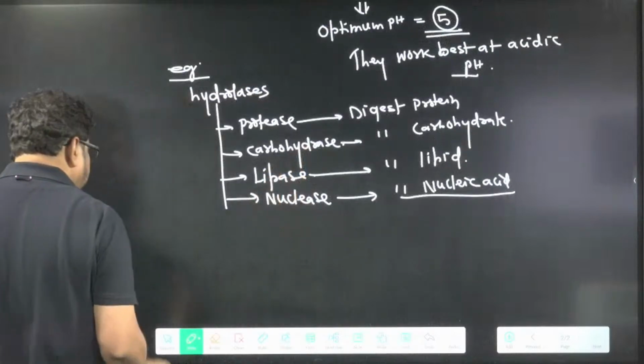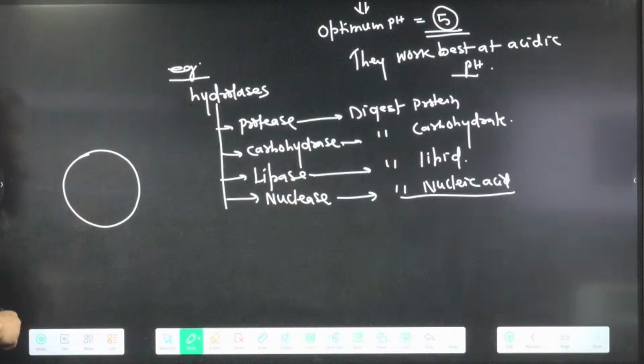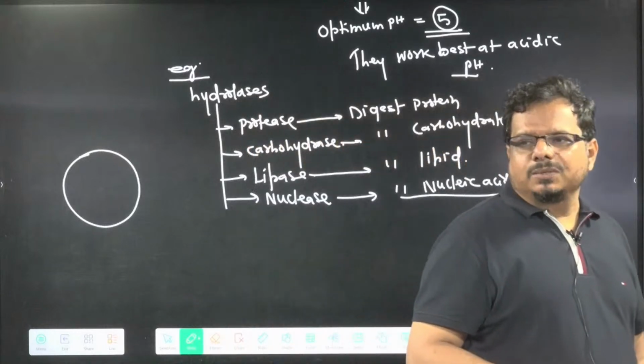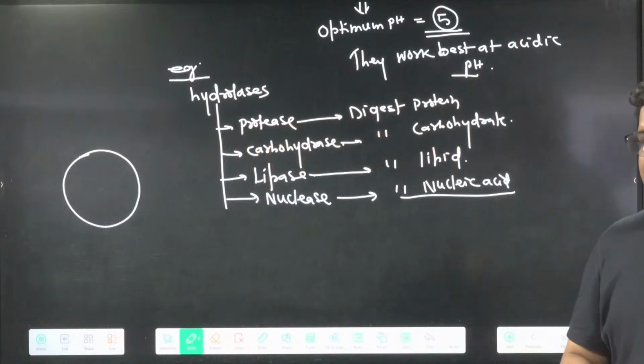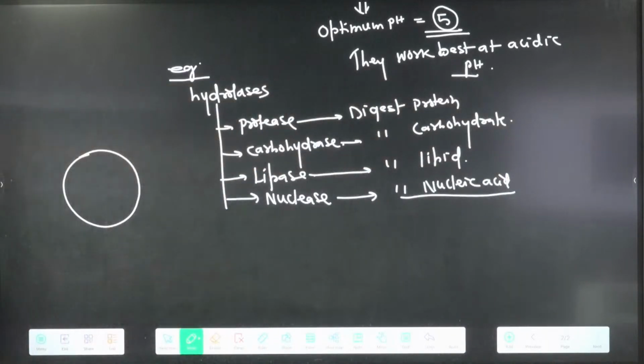So now a question arises, how does lysosome all the time maintain acidic pH? If I ask a question, what answer will you give? Try to interact. How does lysosome maintain acidic pH? Anybody can answer it. I am just observing your screen.